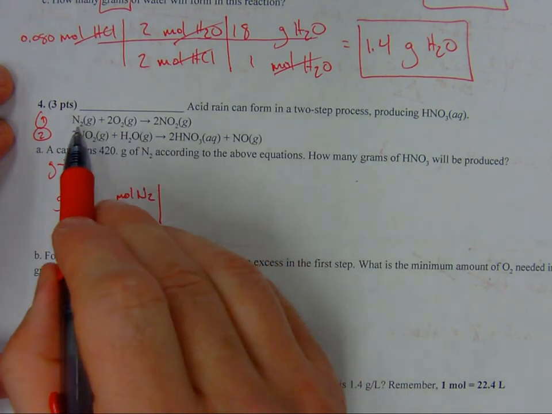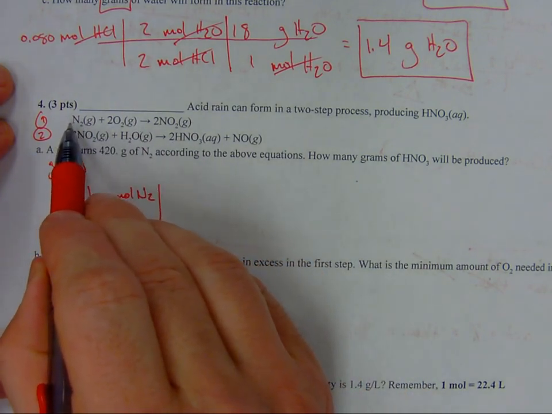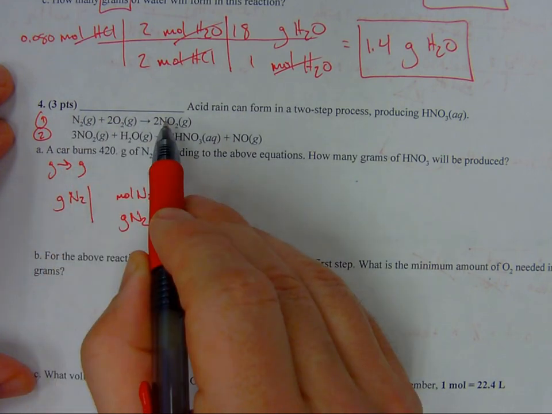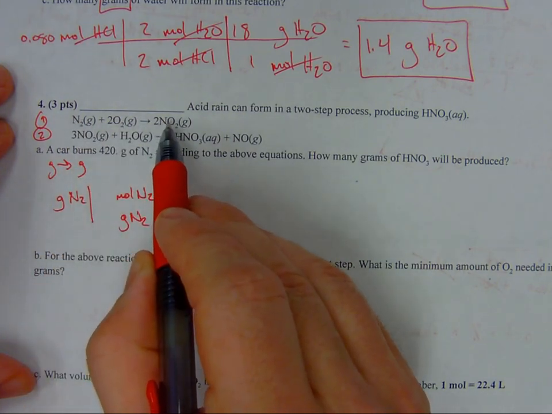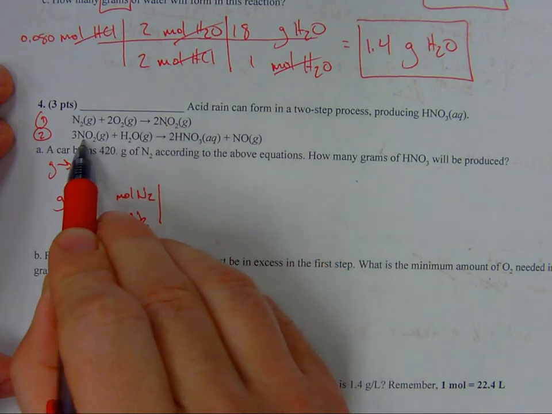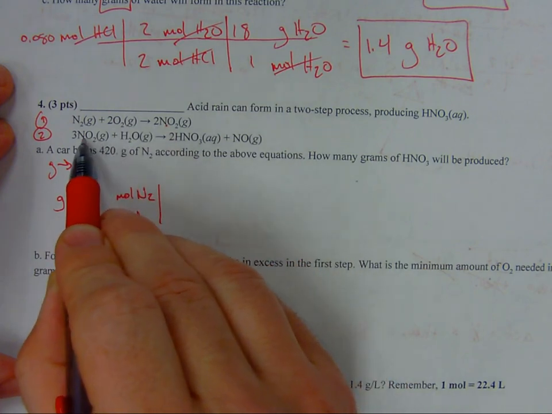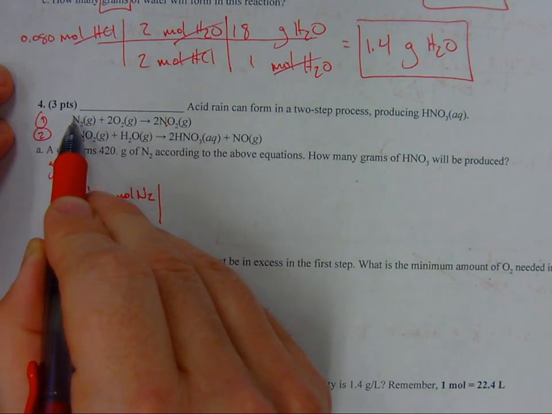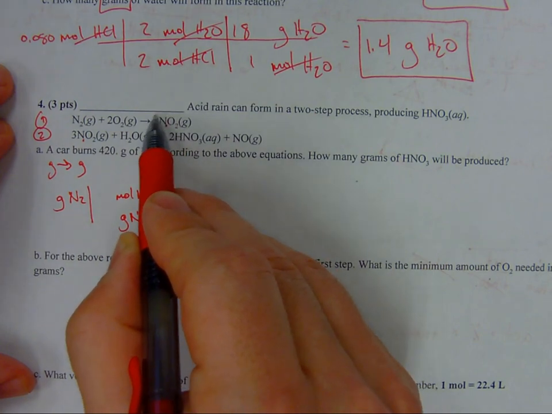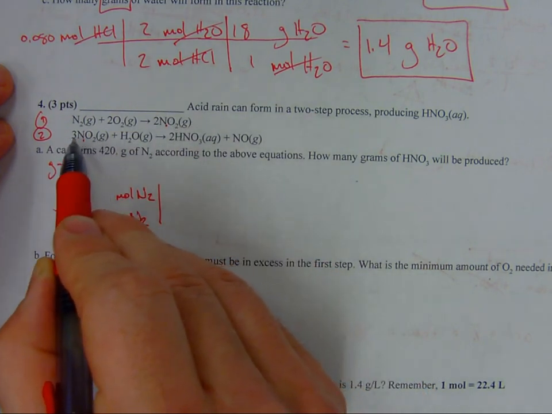Well, hear me out. If I use a mole ratio relating these two substances within the same chemical reaction, can't I use a mole ratio to relate the same species in two different reactions? Right? Because nitrogen is going to go through this change and become NO2. It's this NO2 that enters into the second equation.